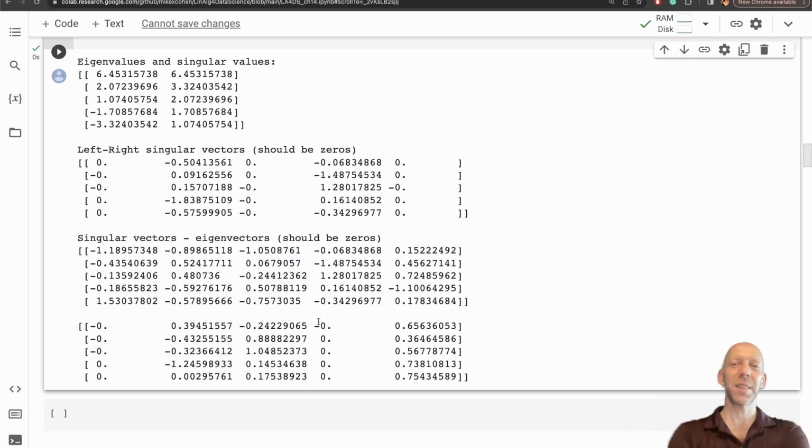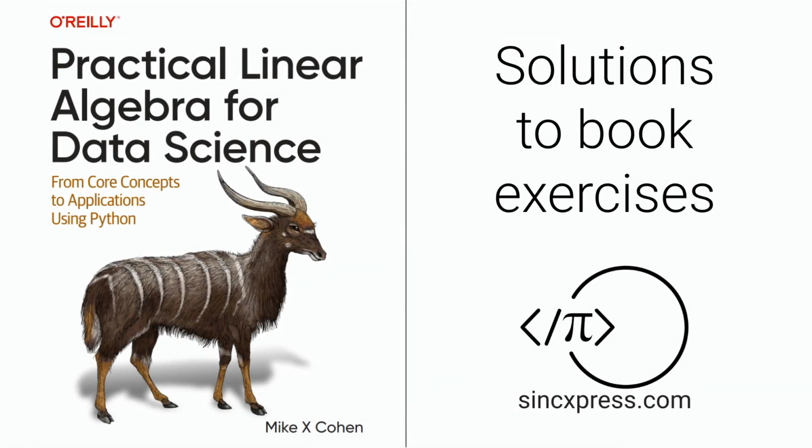Okay, so what is the grand overall conclusion of this exercise? I suppose it's that the relationship between eigendecomposition and SVD for square symmetric matrices is true only for matrices that are created as A times A transpose or A transpose times A.